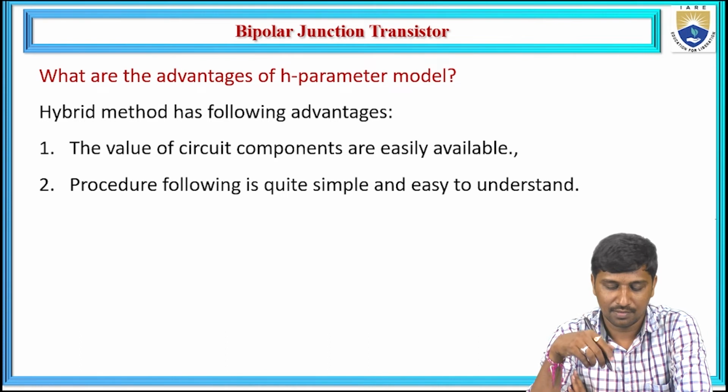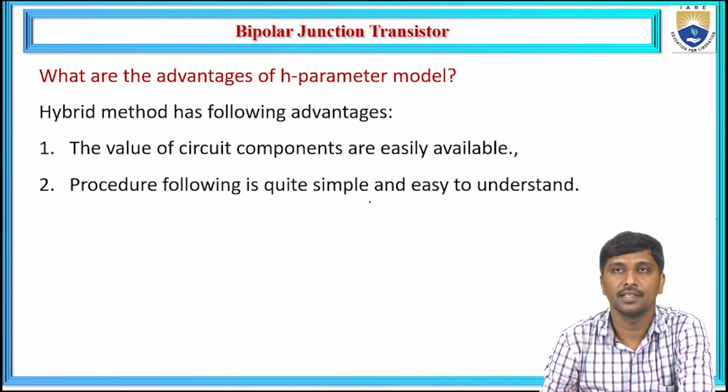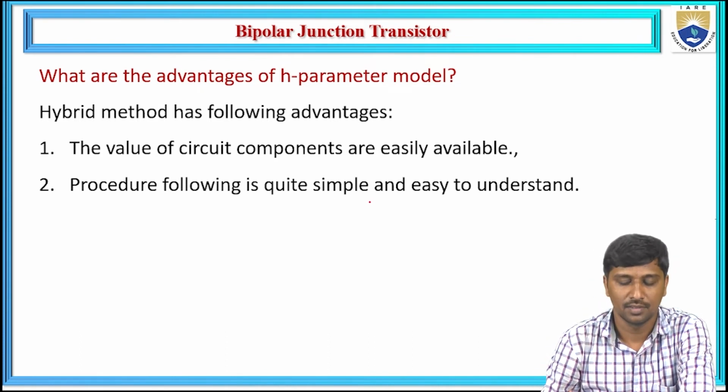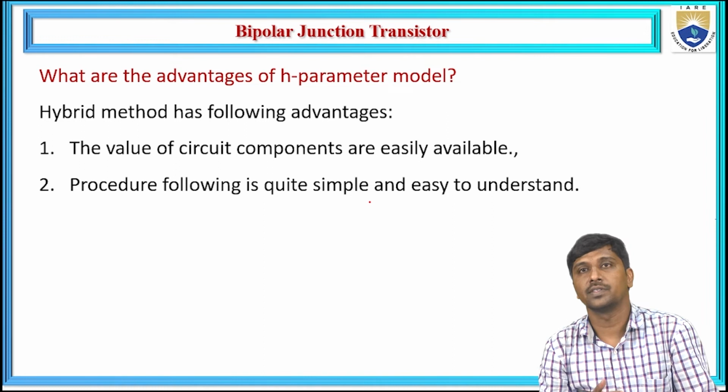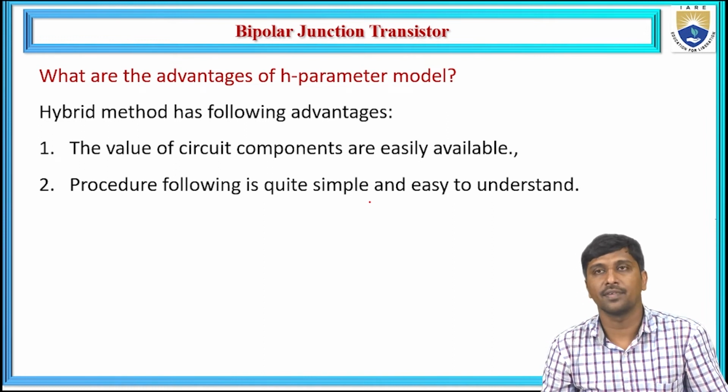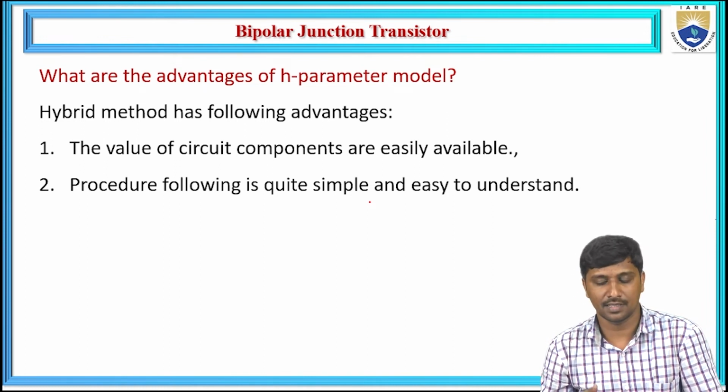Then the procedure is quite simple and easy to understand, so there are no critical paths. We can easily understand how to draw this small signal model for the analysis of the transistor.